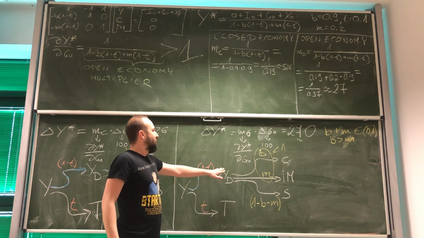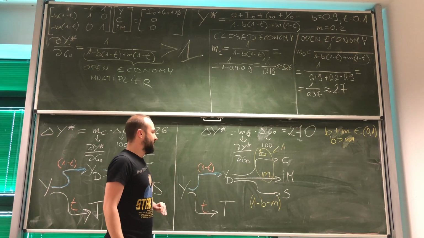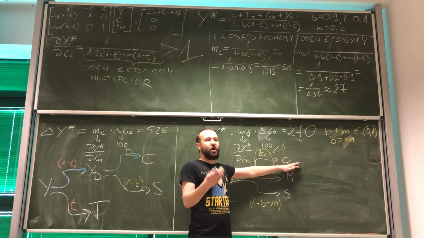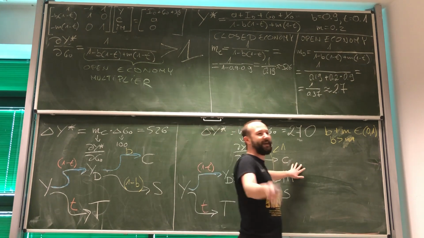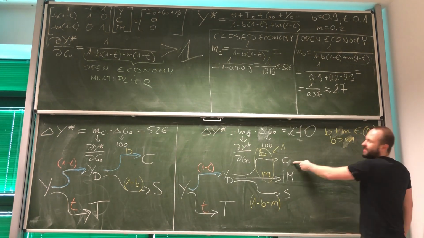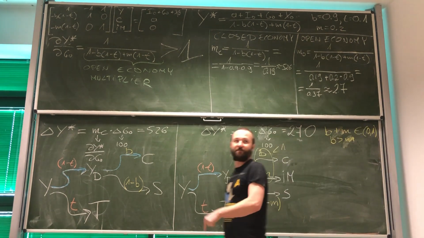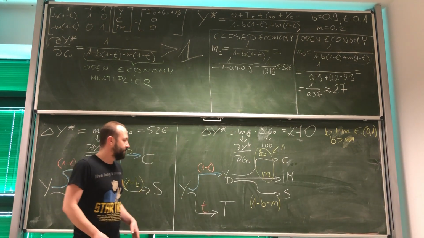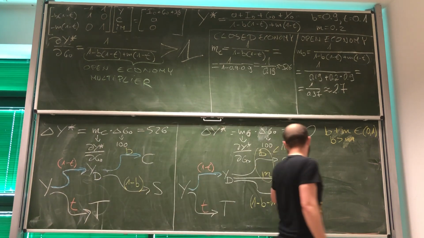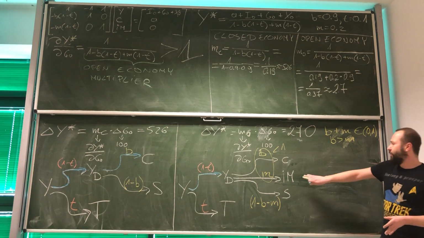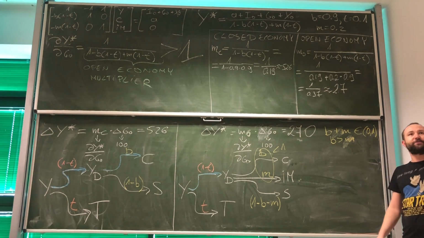Now, what is important is that when we talk about consumption in the open economy model, we talk about domestic consumption. So this is the spending of households on goods that were produced in our country, in our economy. Imports, however, work differently. Those are the goods that were produced outside.